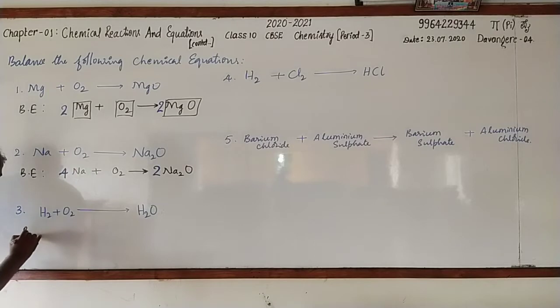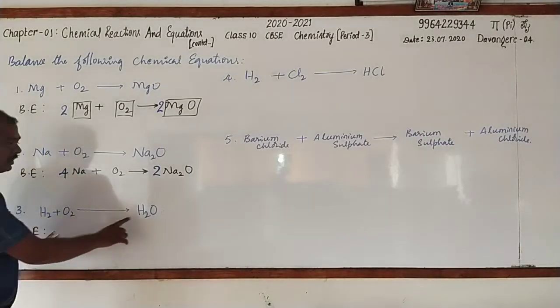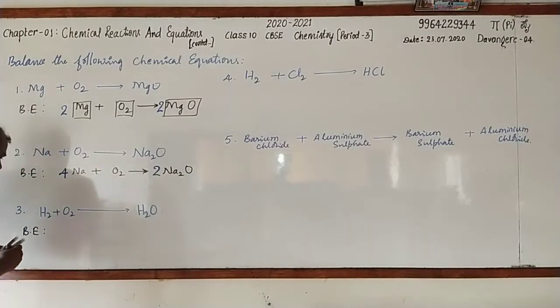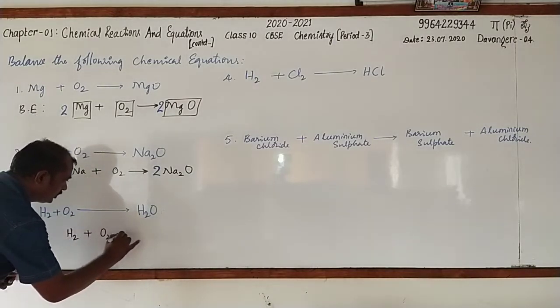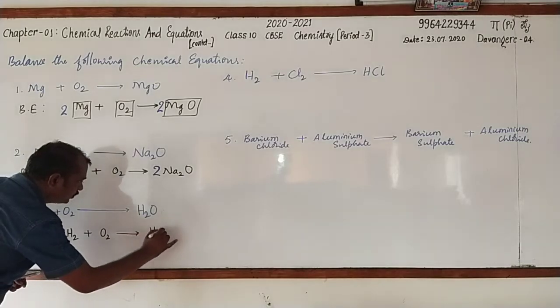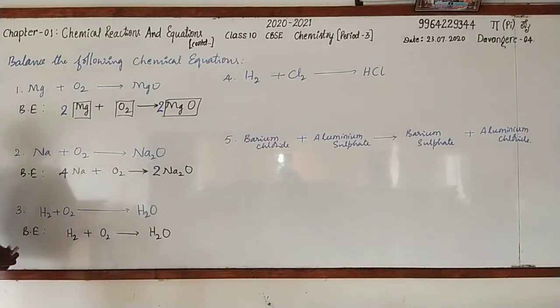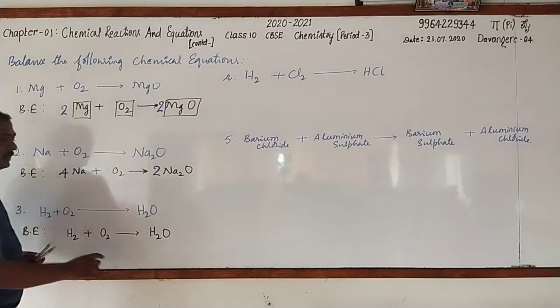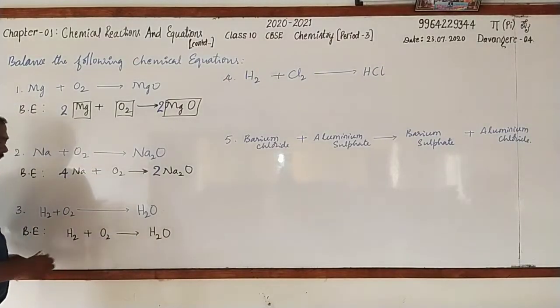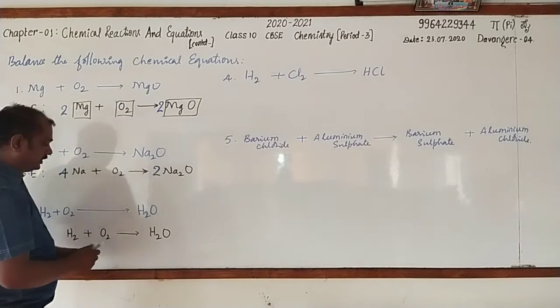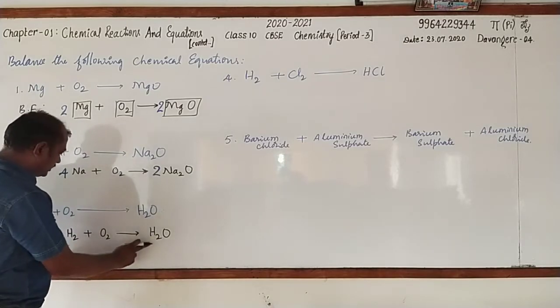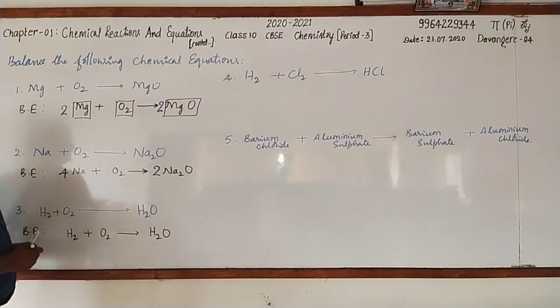Here, hydrogen and oxygen react with each other to form water. Alright. H2 plus O2 gives rise to H2O. First, select the compound having the maximum number of atoms. It is water, right? And the element having the maximum number of atoms, it is hydrogen. But hydrogen is already balanced.